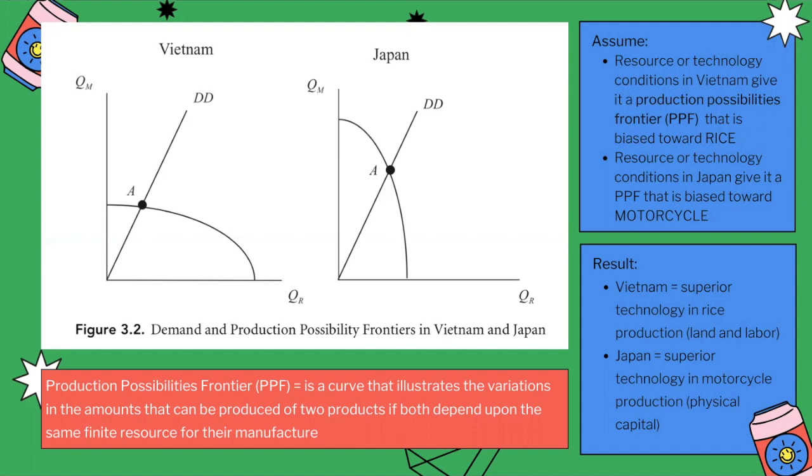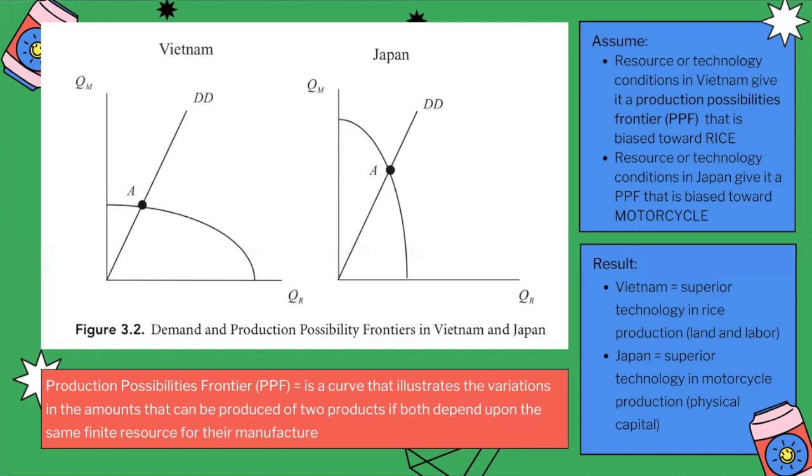So first, what is a PPF? A PPF is a curve that illustrates the variation in the amounts that can be produced of two products if both depend upon the same finite resource for their manufacture. The PPF can also be called the transformation curve.